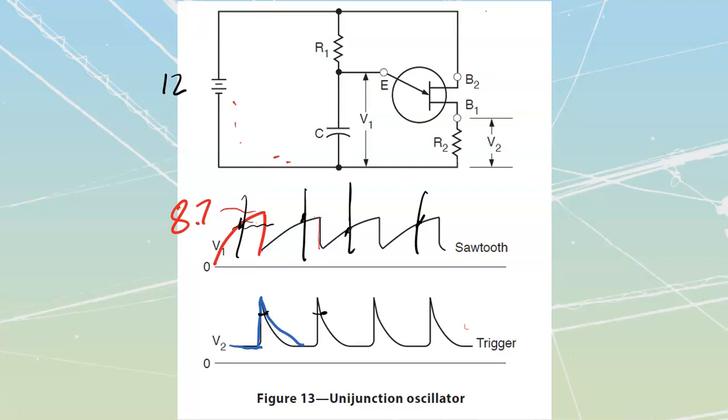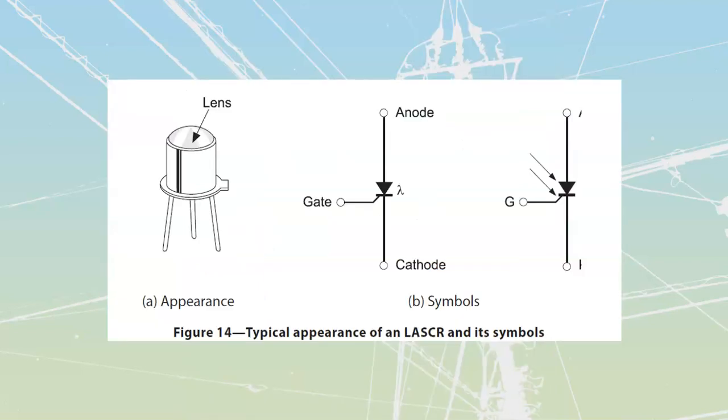Okay, last component that we have to go through out of these specialty thyristors is my LASCR, my light activated SCR. And it is an SCR that is going to get turned on by the presence of light. I don't know how familiar you are with photovoltaics, but the way that photovoltaics work is that they are basically a P and an N type of material.